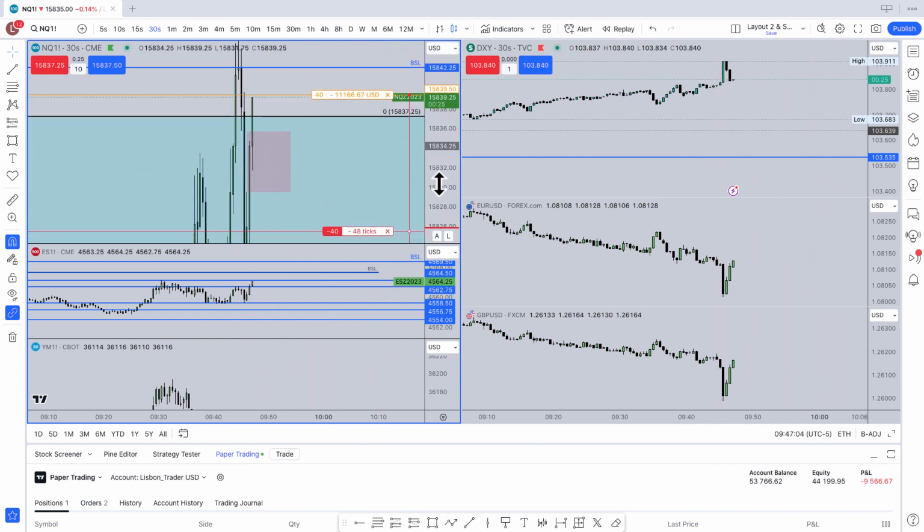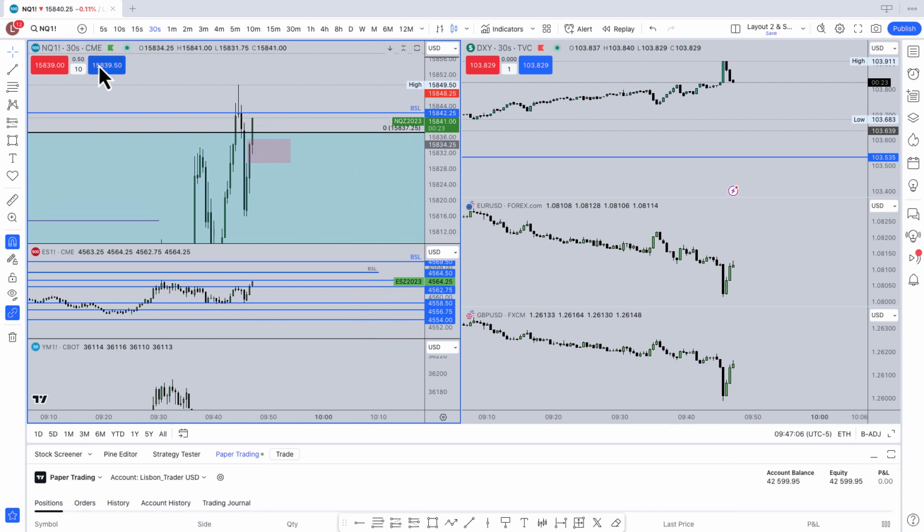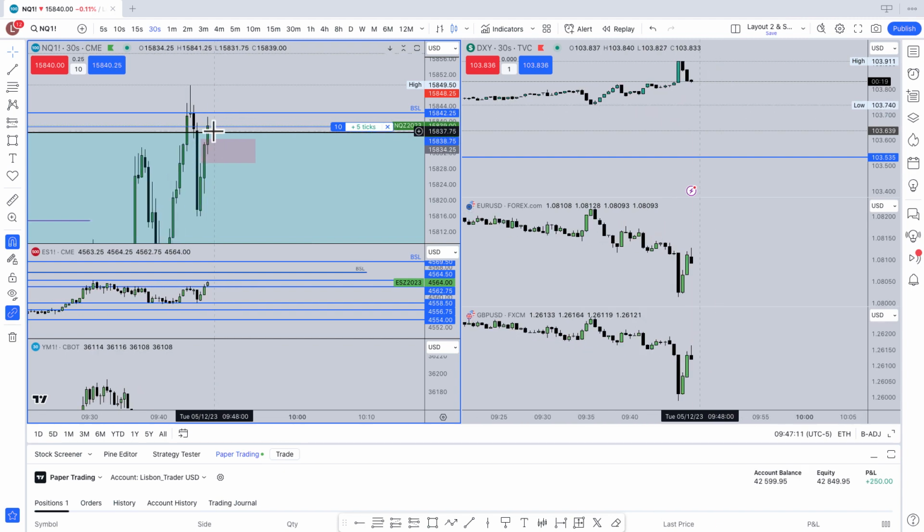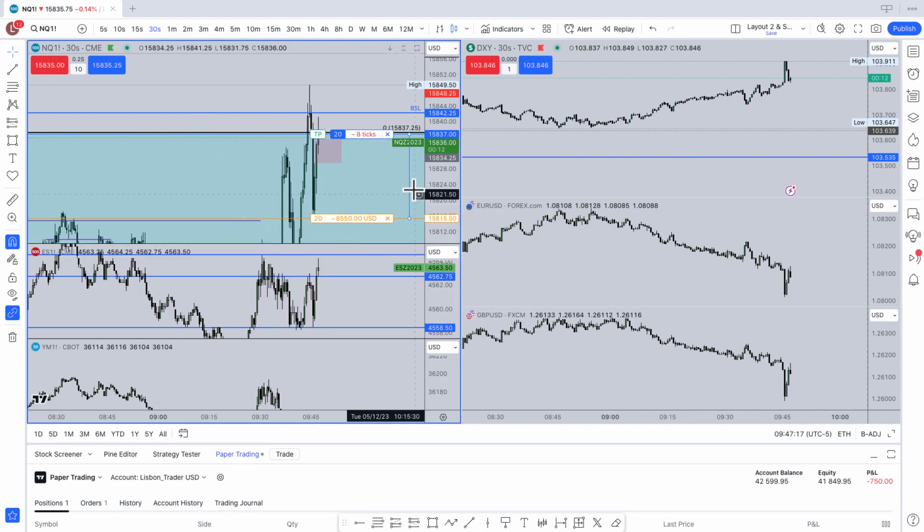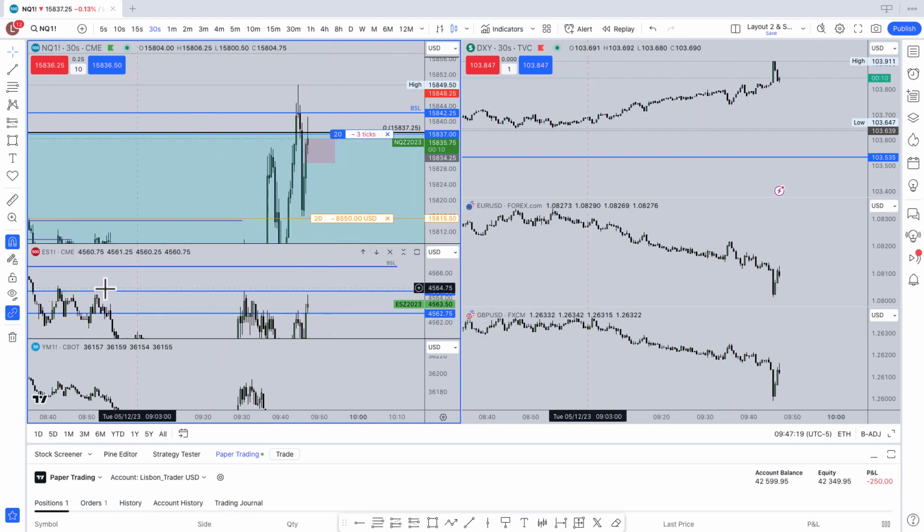Hoping this stop holds. It's not holding. Wants to go above. Unless there's this fair value gap. ES is pushing for the buy side liquidity here.